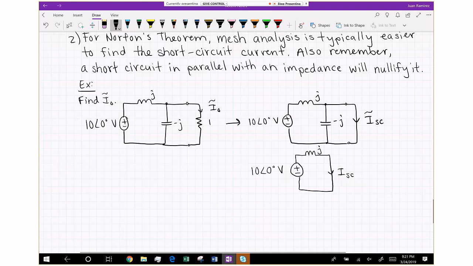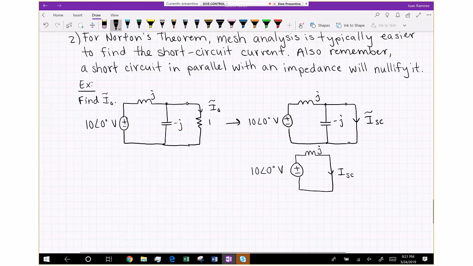Okay? And if you want to really think about the reasoning, if the short circuit has an impedance of 0, regardless of what the current is, what's the voltage buildup across it? It's going to be 0, right?